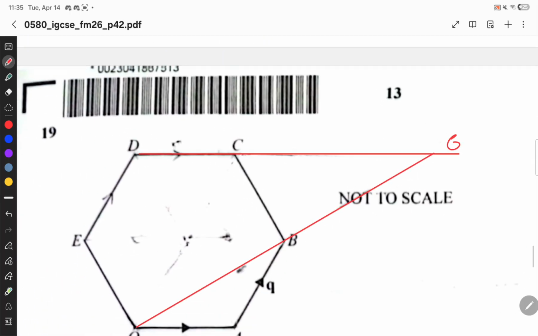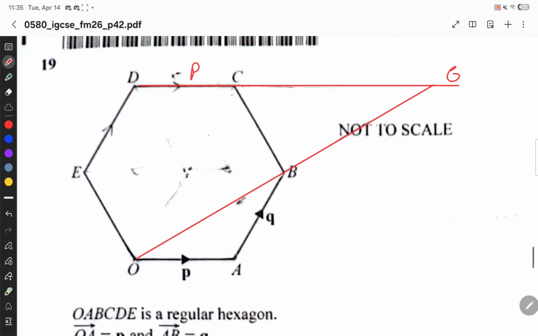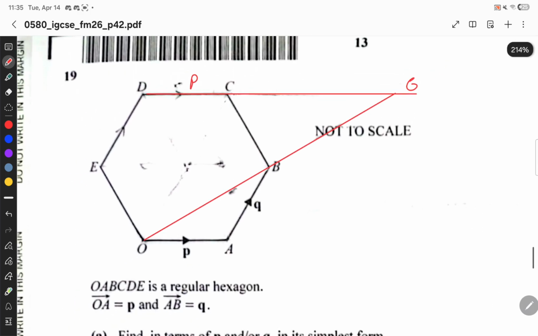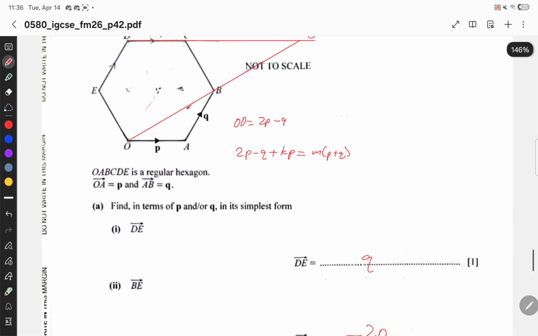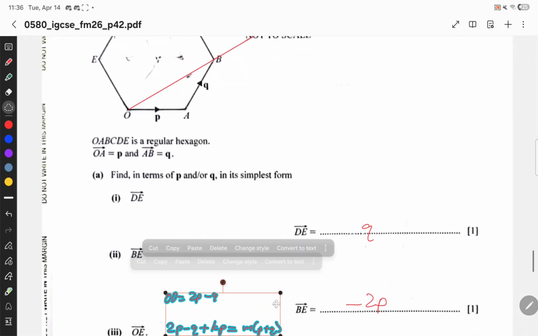This is P and we need to find D. So OD is equal to 2P minus Q. So this is OD plus 2P minus Q plus KP is equal to OB, which is equal to MP plus Q. And then we just solve this locally down here.